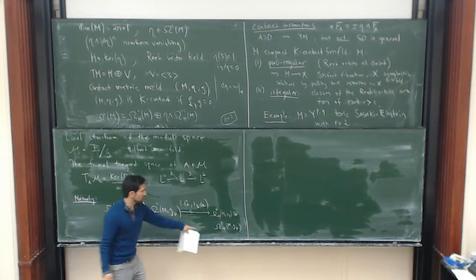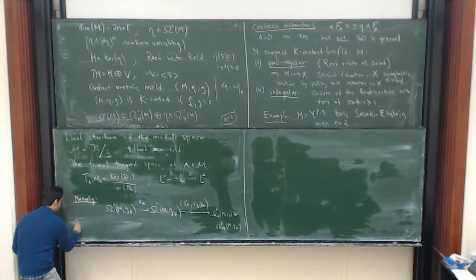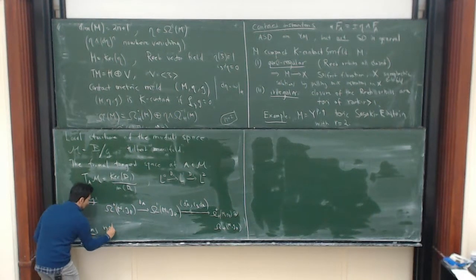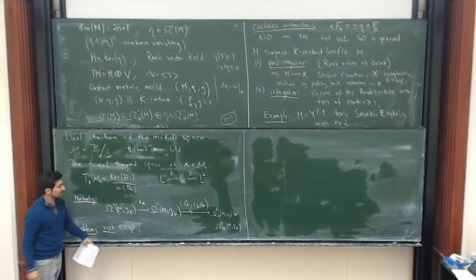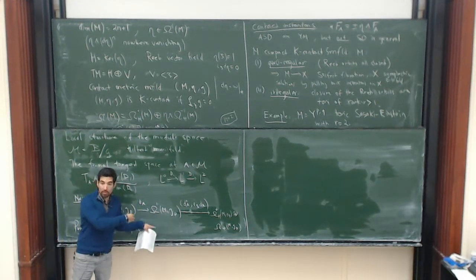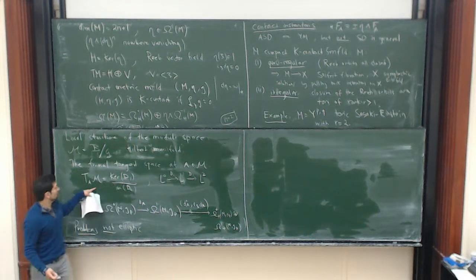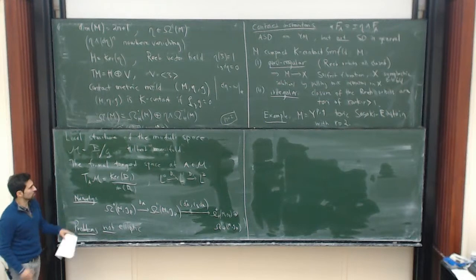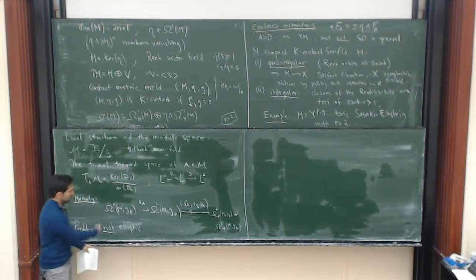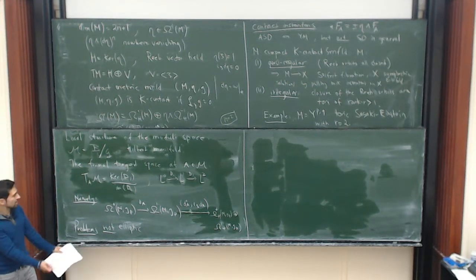Just do a dimension count, you see there are problems. Not an elliptic complex. The idea is that the index of this associated Dirac operator gives you the formal dimension of the moduli space, which is the dimension of the tangent space. But this is not an elliptic complex, so there's no index.